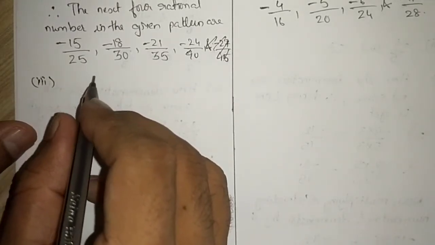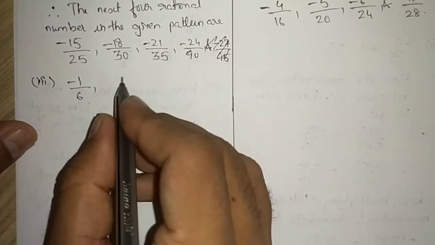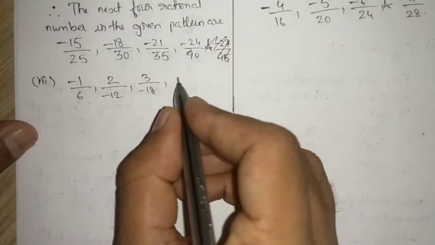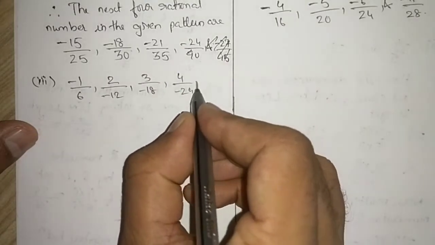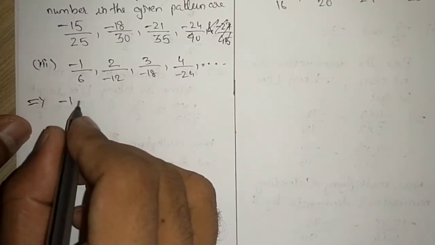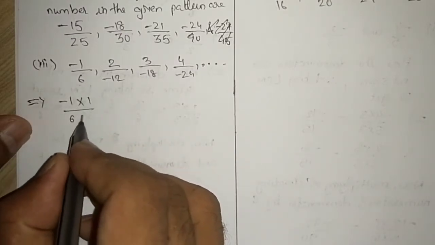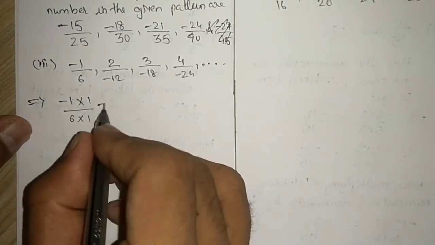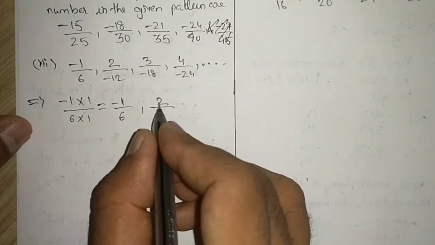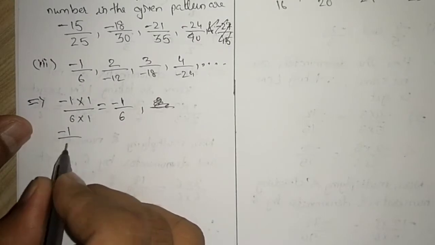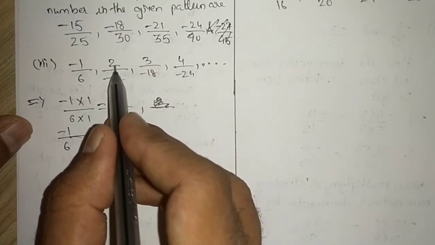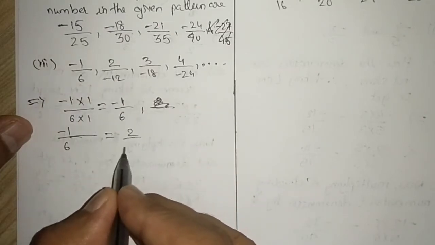Part 3, they have given us the numbers minus 1 by 6, 2 by minus 12, 3 by minus 18, 4 by minus 24, and so on. So again, while observing, let me write this as 6 into 1 and minus 1 into 1, which is given as minus 1 divided by 6. Now if I see the second number, here we have 2 divided by minus 12.